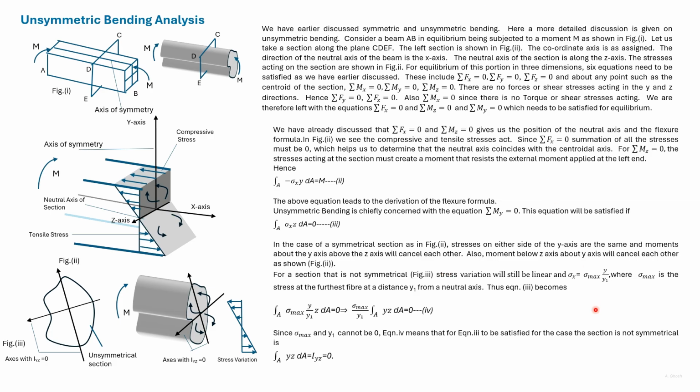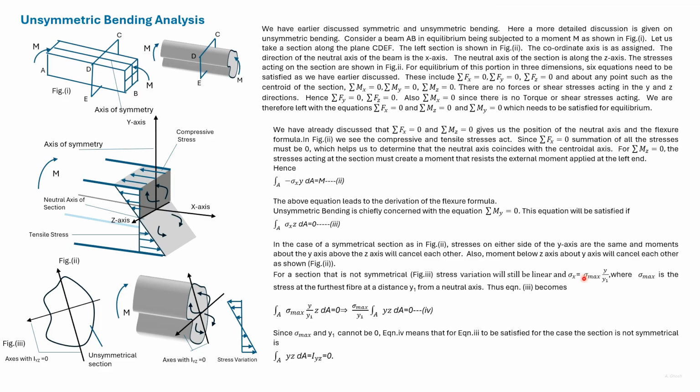Then sigma x at a distance y from the neutral axis will be given as sigma x is equal to sigma max into y divided by y1, where y1 is the maximum distance from the neutral axis and sigma max is the corresponding stress.